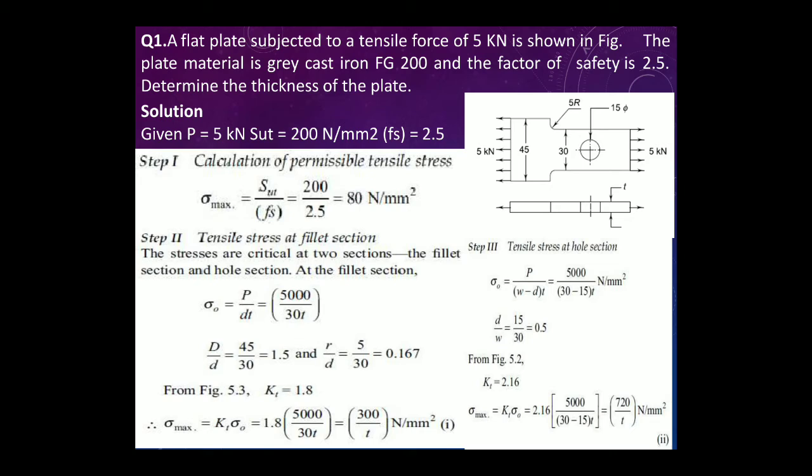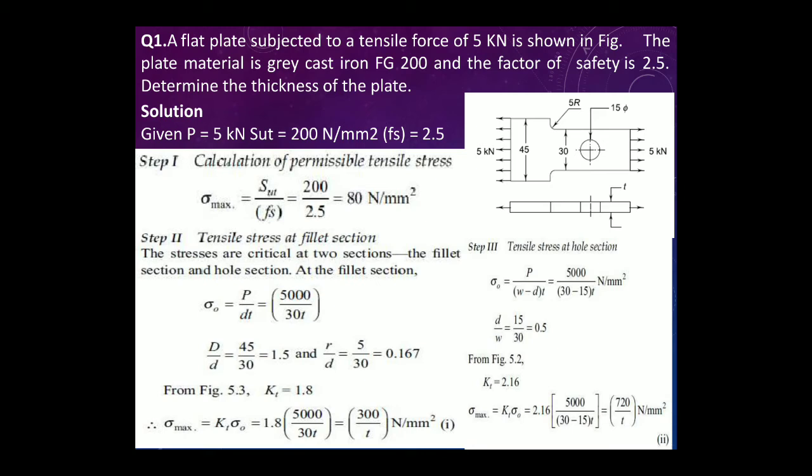Here sigma 0 is equal to P by dt, where P is given as 5 kilonewton, that is 5000, divided by small d and t. So d here is 30 as we can see from the figure, and t is unknown here.